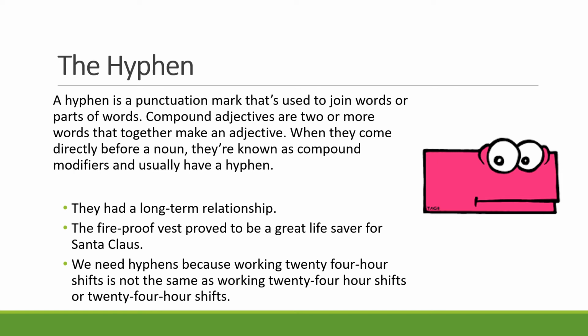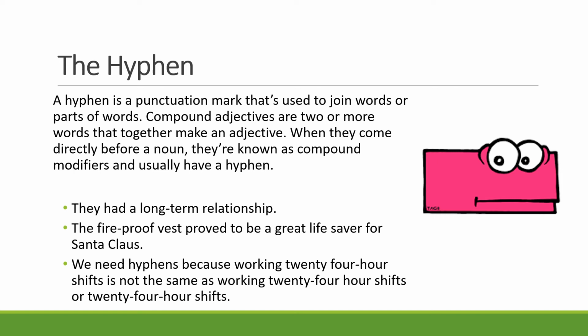We have something called compound adjectives, and those are two or more words that together create an adjective. So they're known as compound modifiers, and they often have a hyphen. So it is a way to make two words joined together to make an adjective.